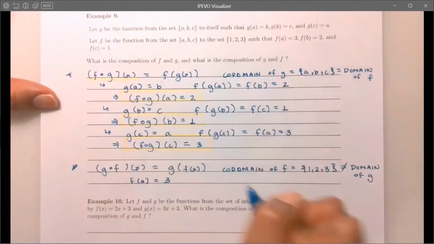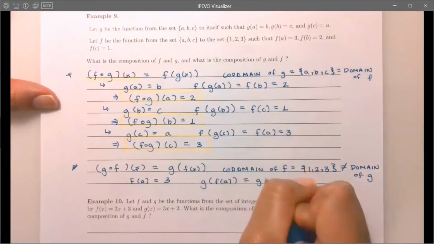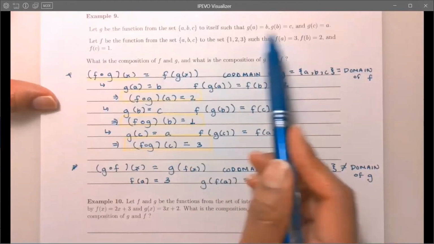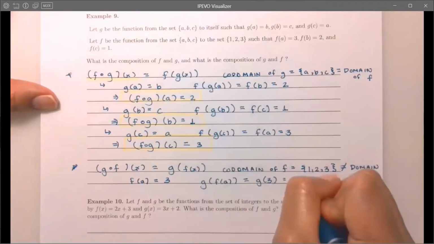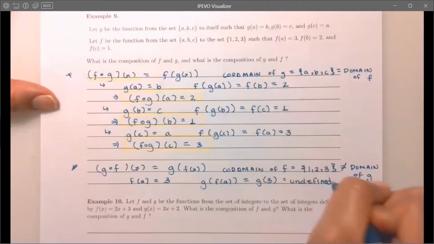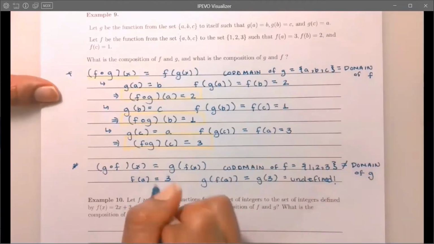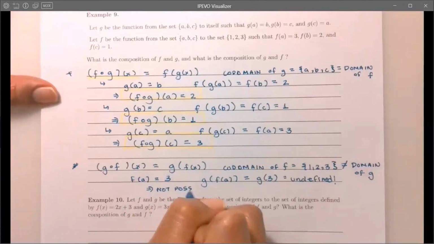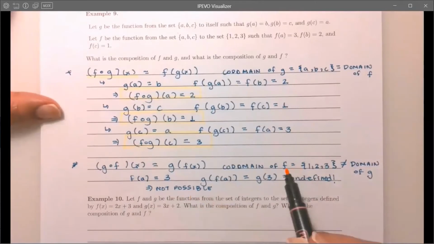And now if I try to take g of f of A, that means that I would have g of 3, but g of 3 is not defined because g is only defined from ABC to itself. Okay, this is undefined. So therefore, this is not possible. And the first indication that this was not going to be possible was through this check.